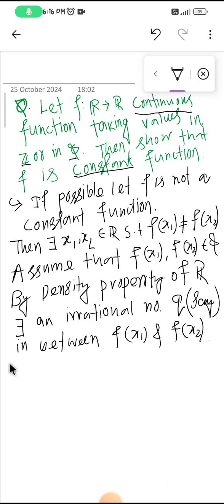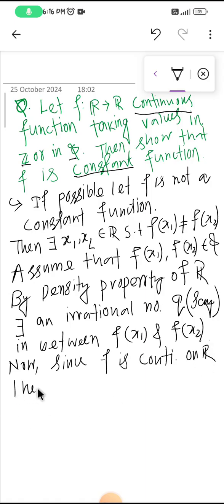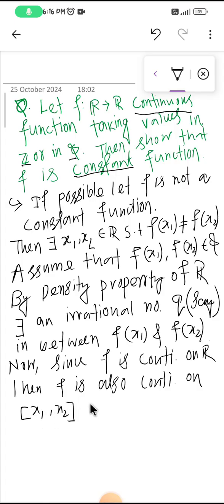Now, since f is continuous on R, f is also continuous on the closed interval [x1, x2], or you can say the closed interval [x2, x1].